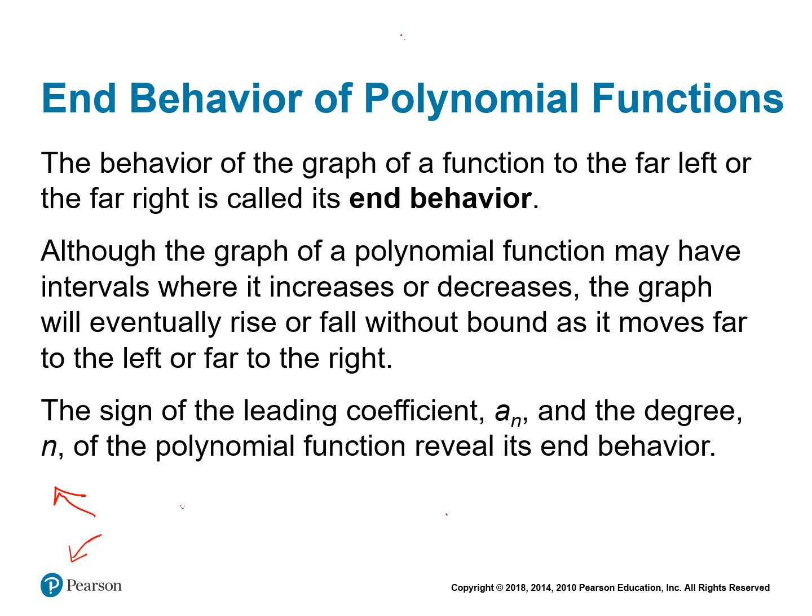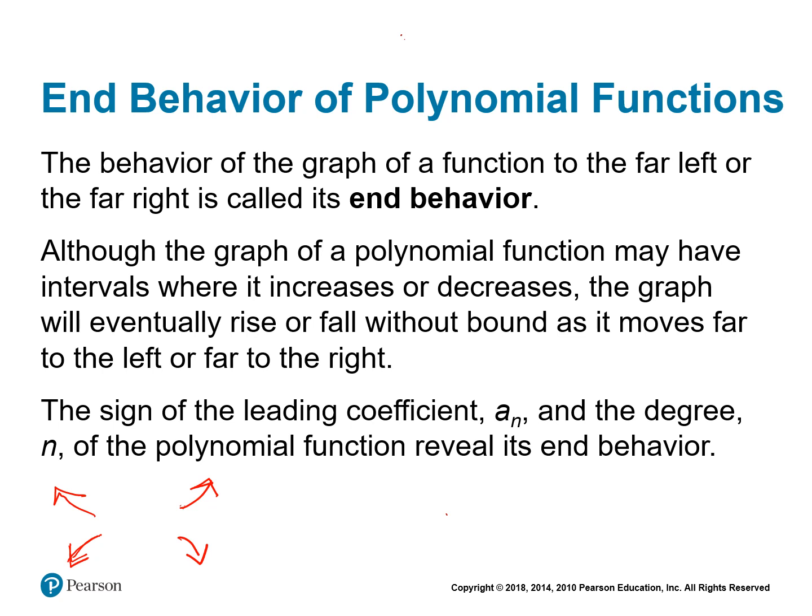Either its left side could drop and its right end could rise, or both left and right could drop, and so on. So we have to figure out, as part of the process of drawing the graph of the polynomial, what the extreme ends are going to look like.